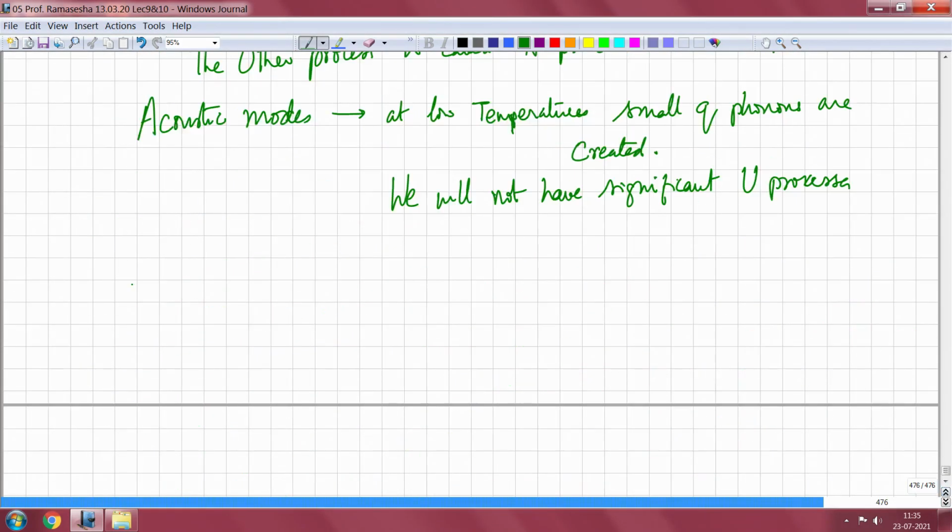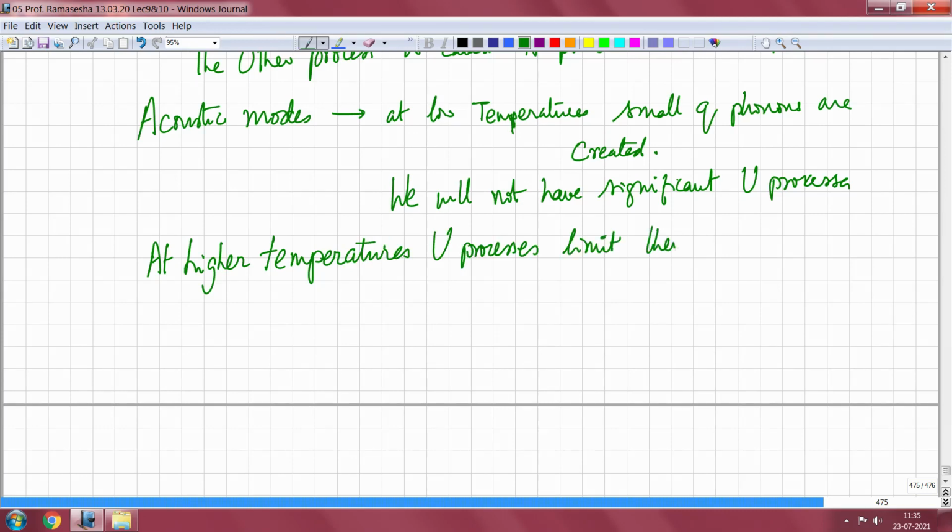So at higher temperatures, U processes limit the thermal conductivity of the solid.